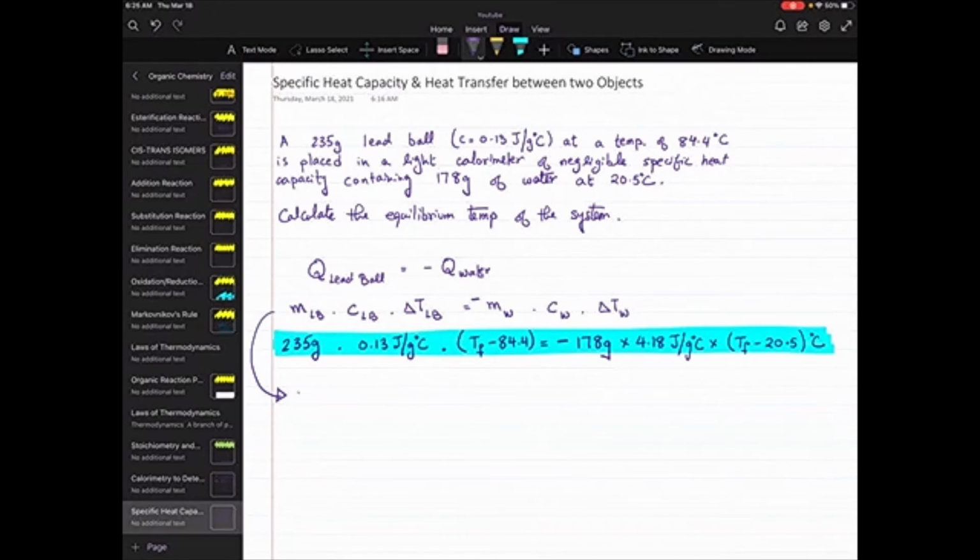So first of all, a mass of the lead ball times the specific heat capacity of lead ball times, I'm going to put in brackets, TF, which is the final temperature, minus TI for the lead ball. So I'm going to say LB, that is different, that's not the same for both, is equal to negative M for water times the specific heat capacity for the water times the TF, which is the common temperature final, minus TI for the water.